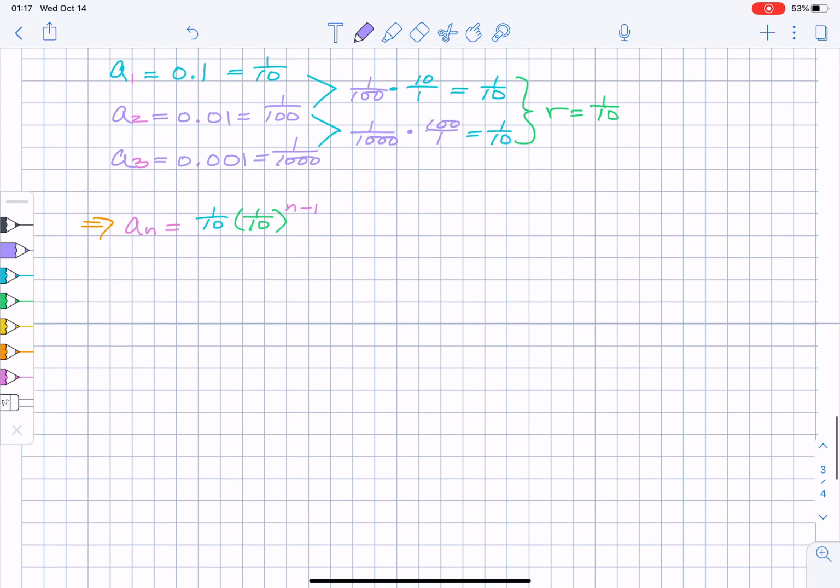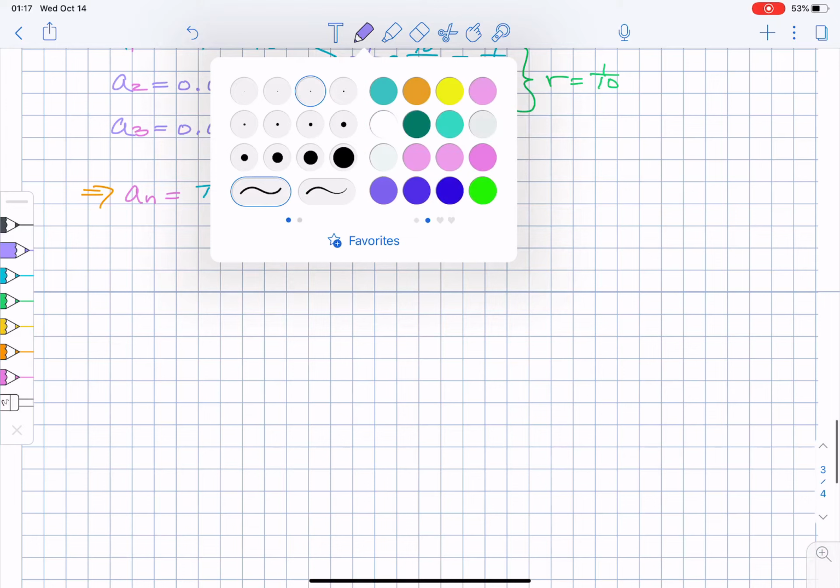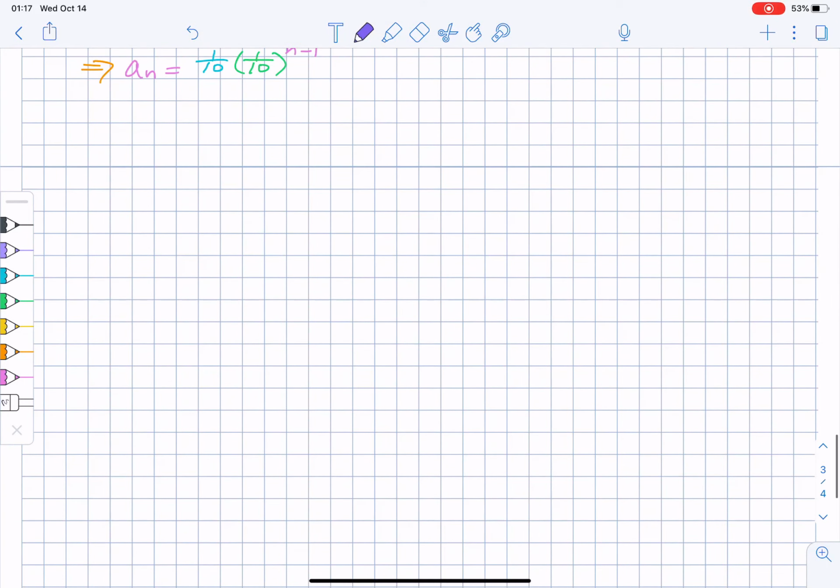Okay, so now I'm going to veer off from geometric sequences and go back to general sequences. So theorem, let me get a different purple. So theorem, let's let C1 and C2 be real numbers.